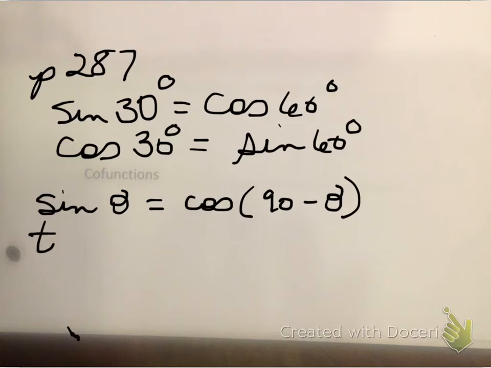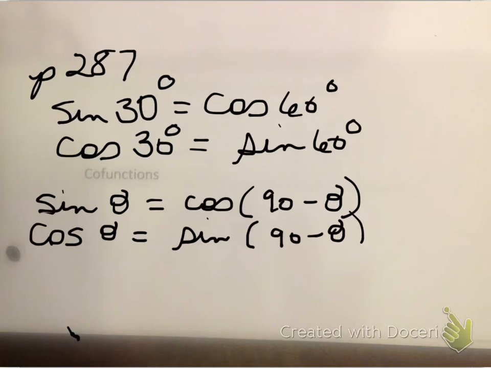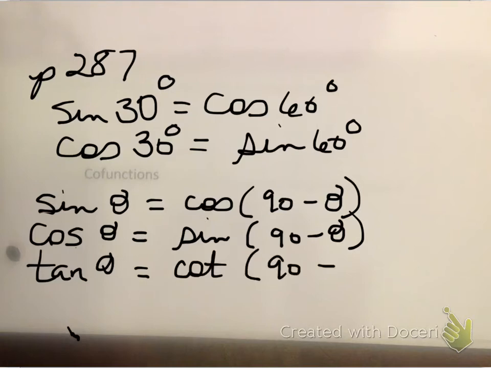Let's do cosine. Cosine of theta is equal to the sine of 90 minus theta. Actually, I need to do tangent. The tangent of theta is equal to the cotangent of 90 minus theta.